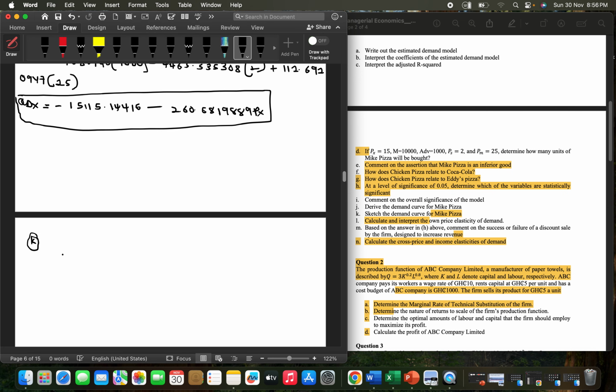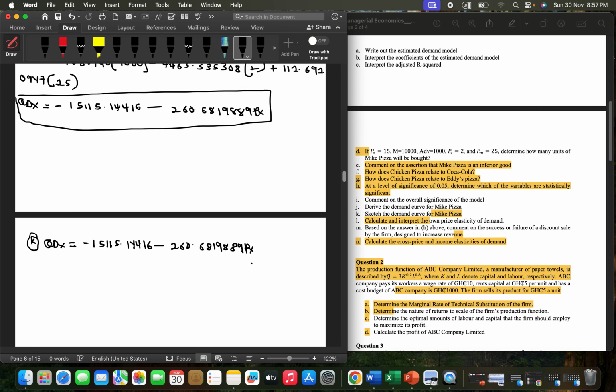In sketching it, I have QDX equal to minus 15,115.14416 minus 260.6819 Px. The same format.